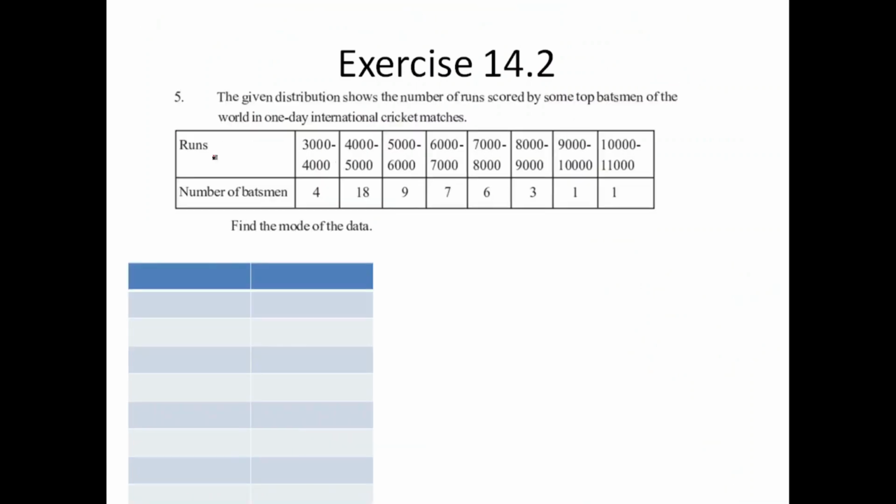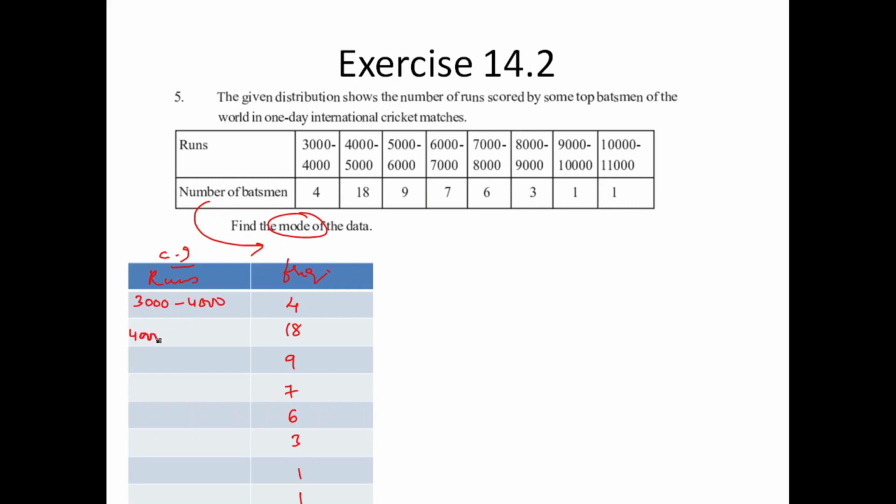So I think this would be your easy sum because you need to only find the mode over here. This is your class interval, the runs, this is your frequency, that is your number of batsmen. Therefore, this is 18, 9, 7, 3, 1, and 1. And the runs over here, I can take this 3,000 to 4,000.